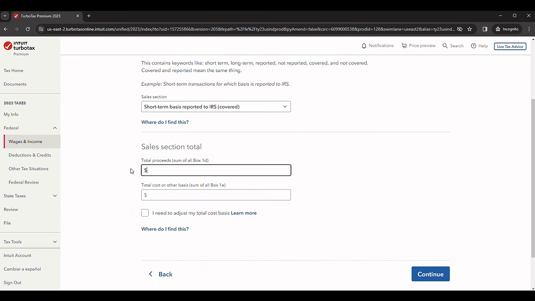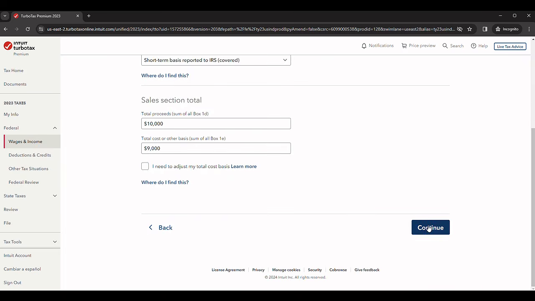Okay, so how much did you sell it for? What's the total sales proceeds? Let's just say all your sales summed up total $10,000. And the total sum of how much you bought it for was $9,000. So you made $1,000 profit in short-term capital gains. Continue.